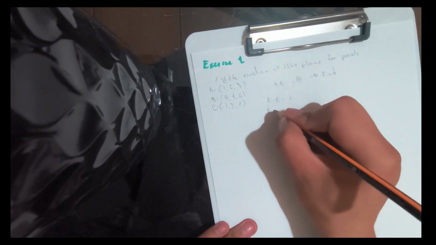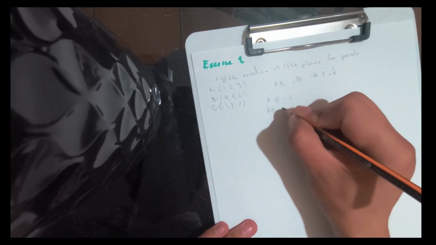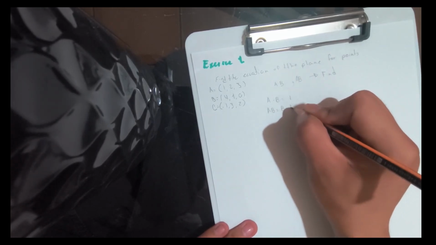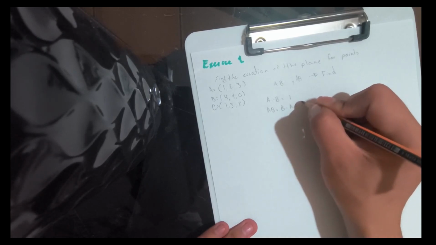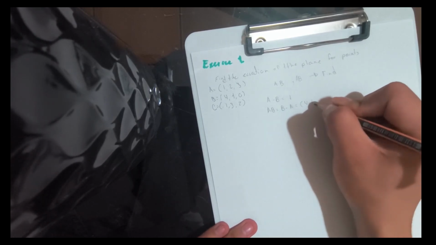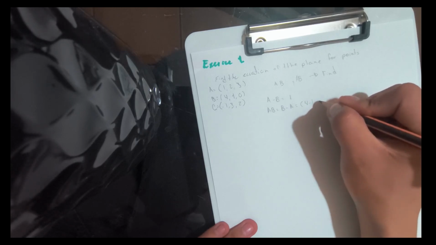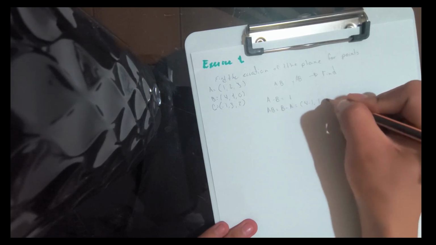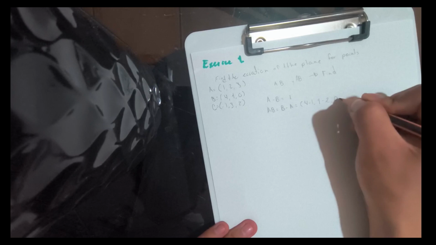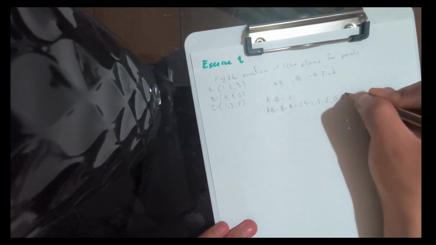We obtain the normal vector n. With the normal vector and one of the points on the plane, for example A, we can write the Cartesian equation of the plane.